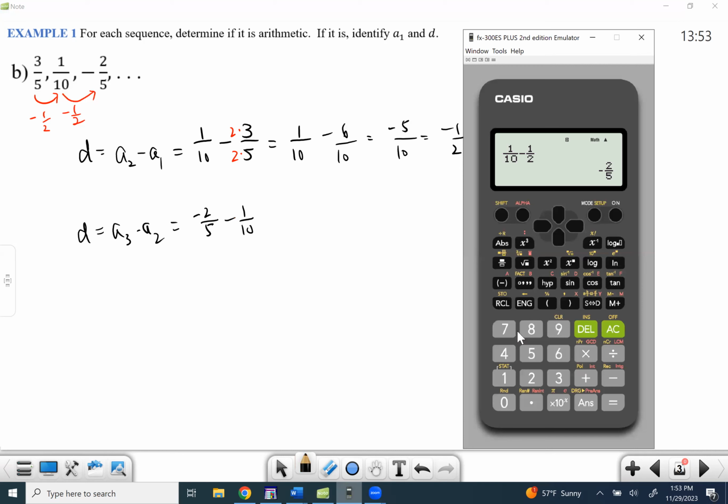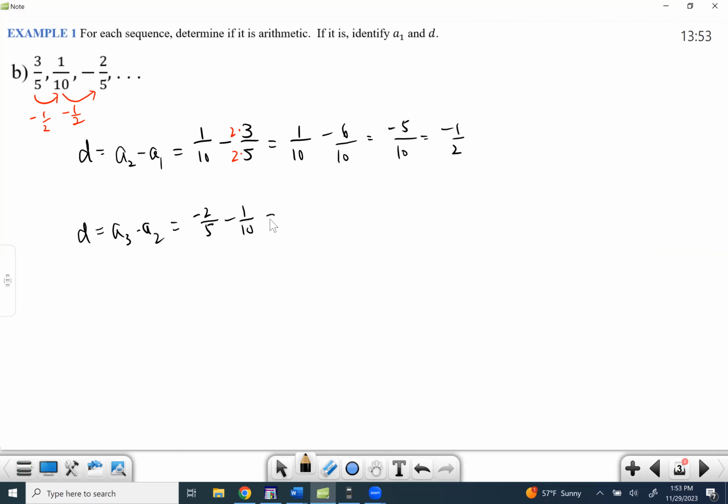Clearly you're going to. So -2/5, I'll remember to get out of the denominator this time, minus 1/10. There's your -1/2. So it is arithmetic, because we're getting that same result whether we do the second minus the first or the third minus the second. So it is arithmetic.